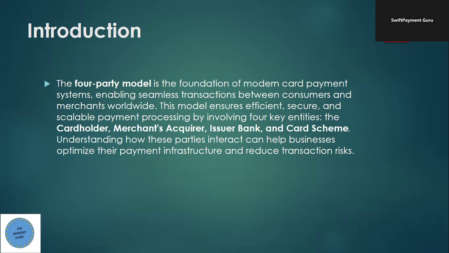This model ensures efficient, secure, and scalable payment processing by involving four key entities: the cardholder, the merchant's acquirer, the issuer bank, and the card scheme. Understanding how these parties interact can help businesses optimize their payment infrastructure and reduce transaction risk as well.